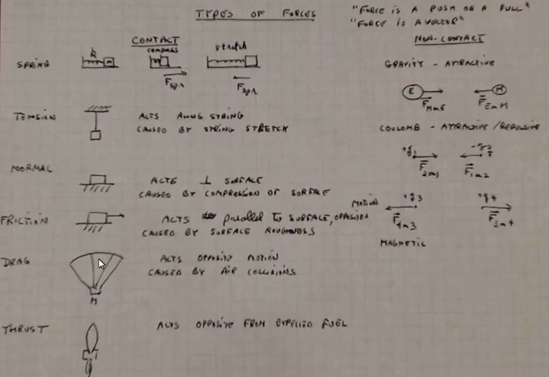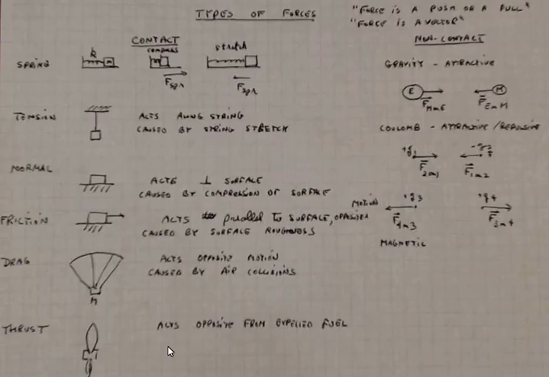So drag acts opposite to the motion. If the parachute was moving down, the drag force would be up, and it's caused essentially by air molecules hitting the surface of the object. In this case, the bottom surface of the parachute would be impacted by air molecules, since it is moving down relative to them, and on the average these air molecules are not moving.